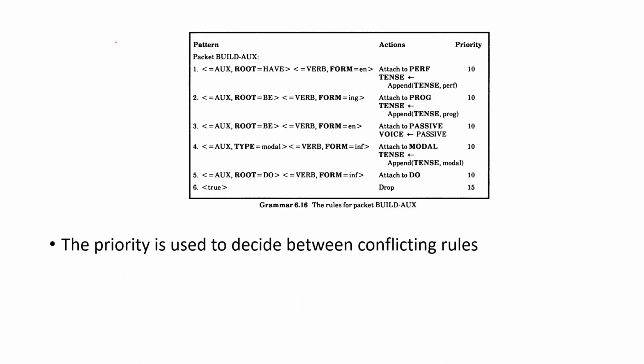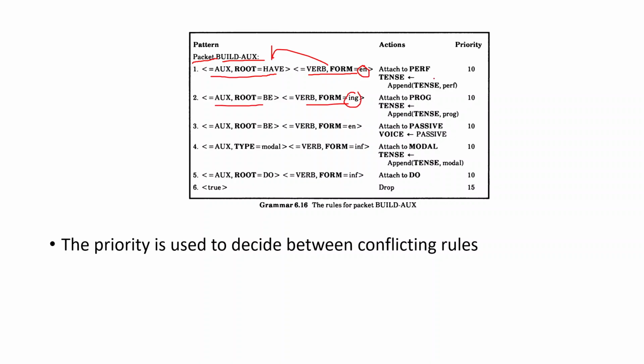Okay, this is a packet. Look, this is a packet with a particular name. Build aux is the name of the packet, and it has a set of rules like this. So what this rule says is, look, if you have in the look ahead symbol an auxiliary called have, and the form of the auxiliary verb is a normal verb form, okay, or it is an auxiliary form be and the form is an ing form.